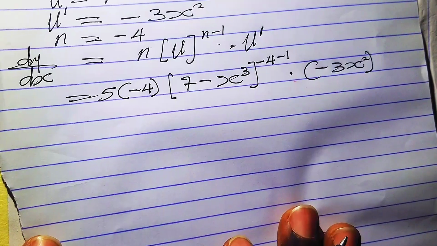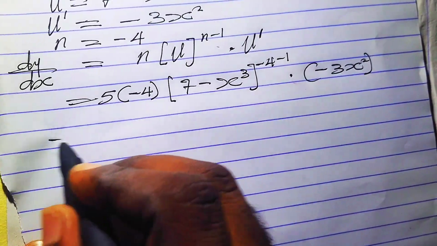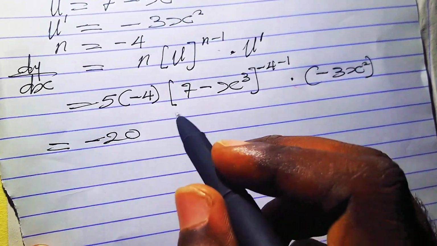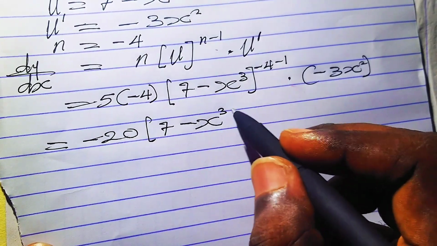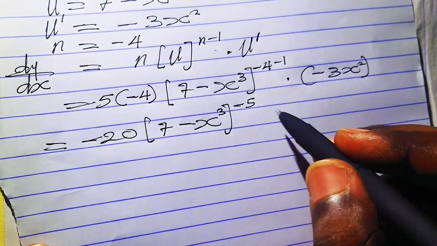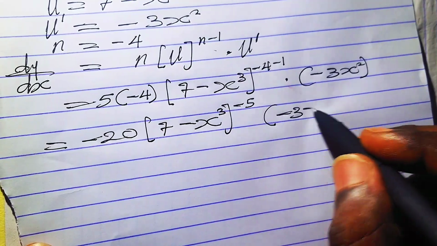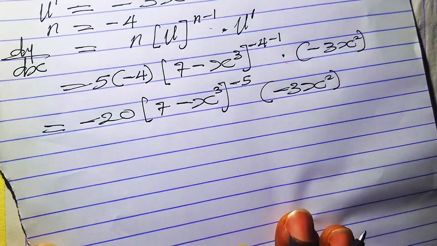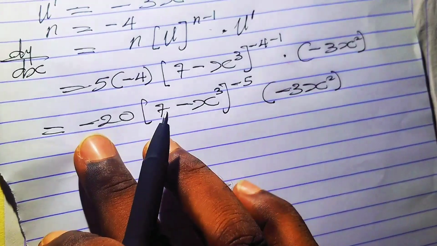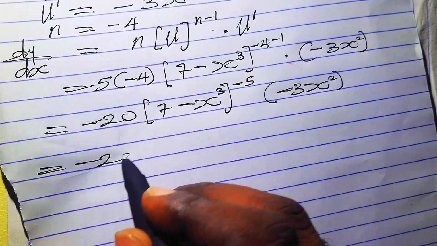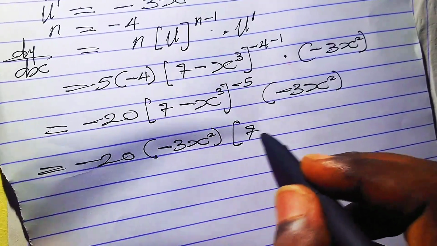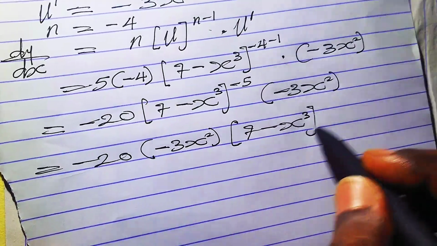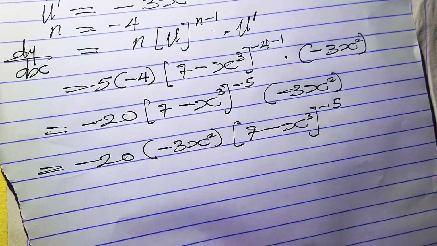And then we press forward. This times this is going to give us minus 20 in a bracket (7 - x cubed) raised to the power of minus 5, and then multiply by minus 3x squared. Then we write it out this way: minus 20 times minus 3x squared, times (7 - x cubed) raised to the power of minus 5.